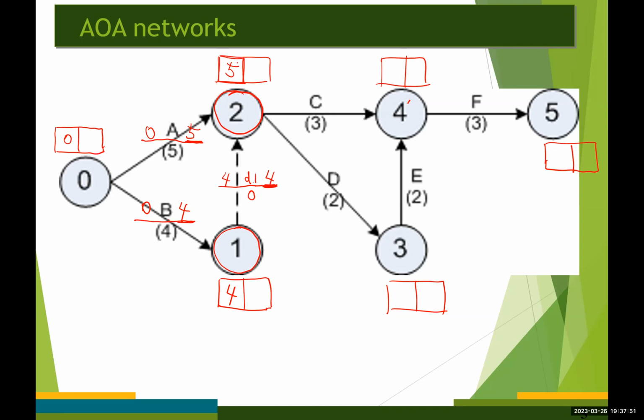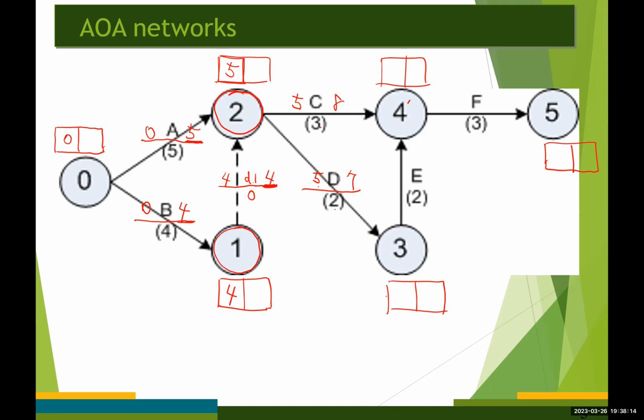For both activities C and D, the earliest start time is going to be 5. The earliest finish time for activity C is 5 plus 3, which is 8. For D, 5 plus 2 would be 7, right?